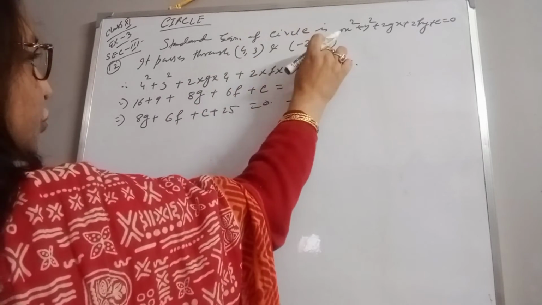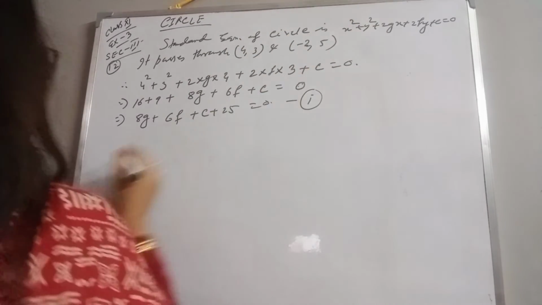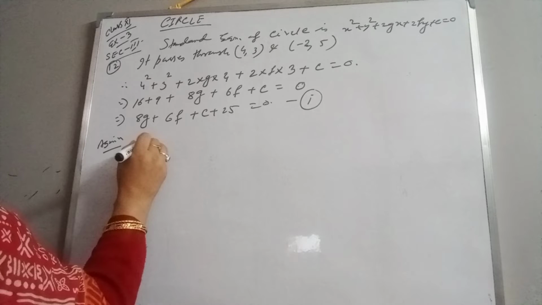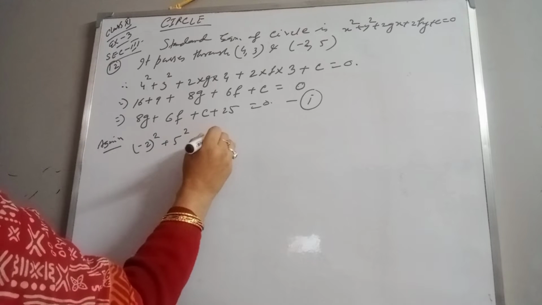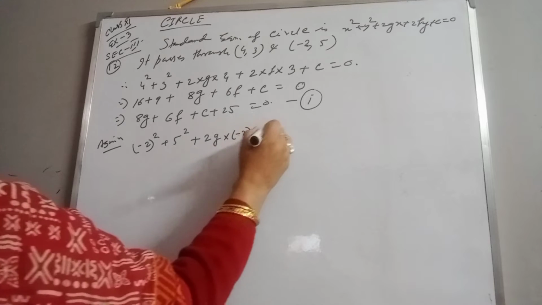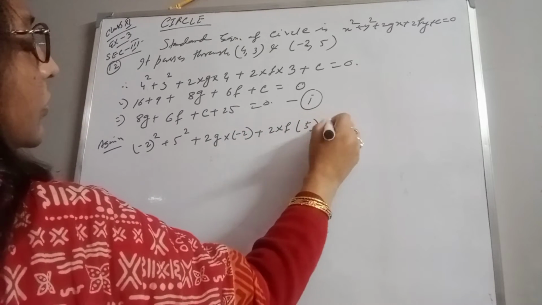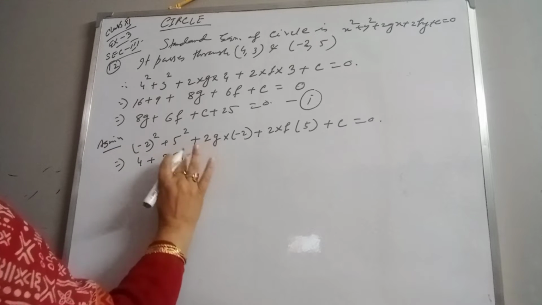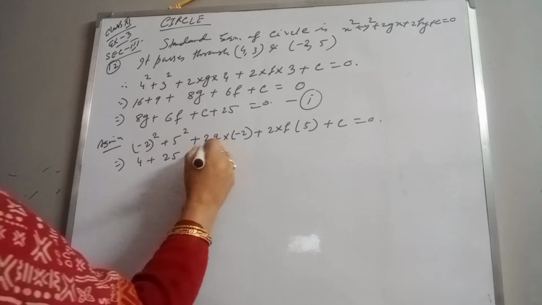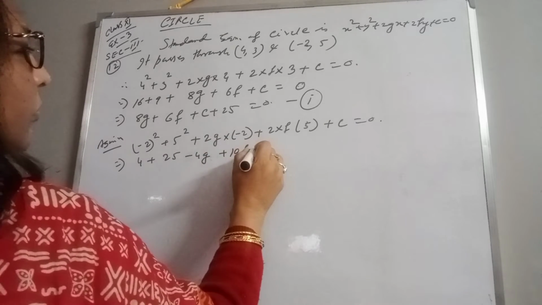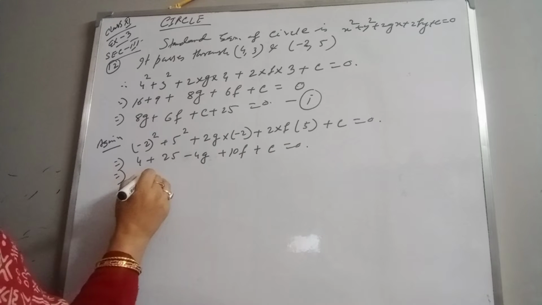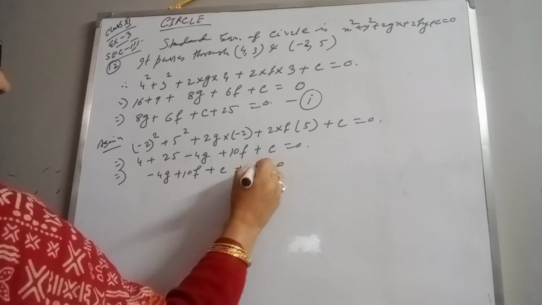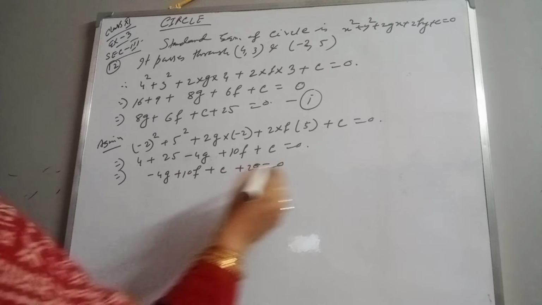And when it passes through (-2, 5), that equation we will write as equation number 2. Okay, make it equation number 2.